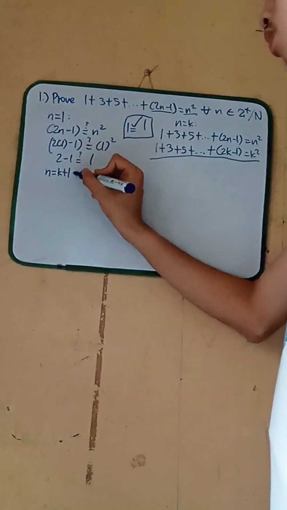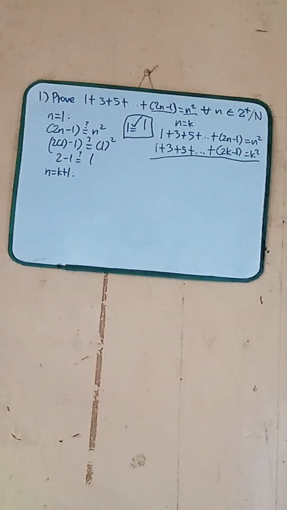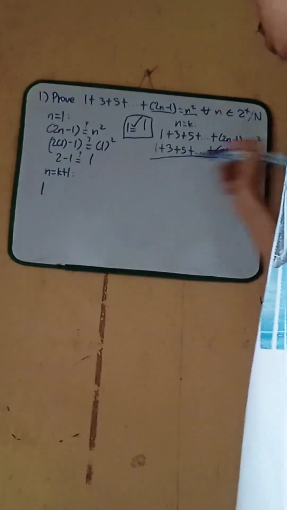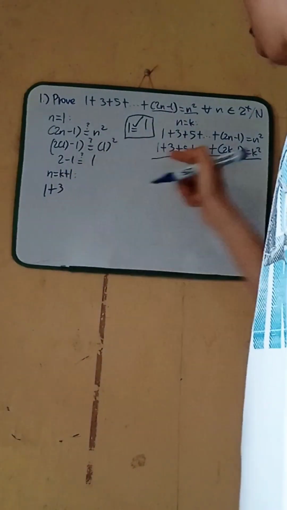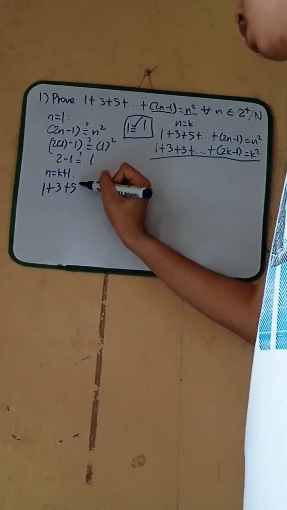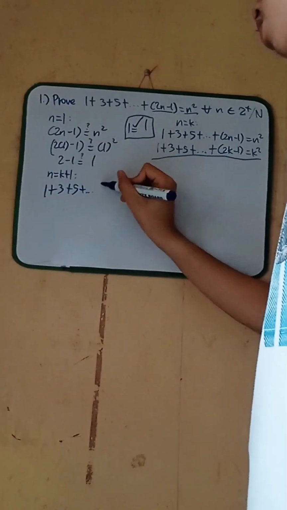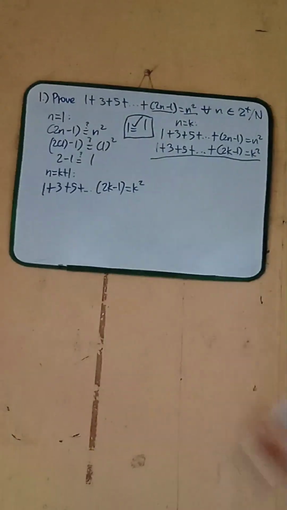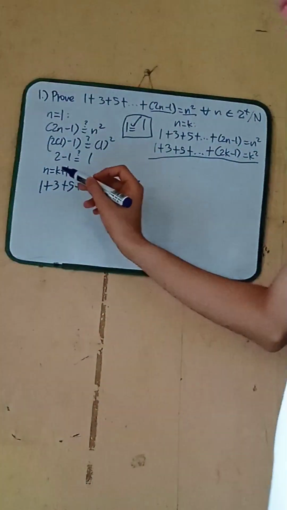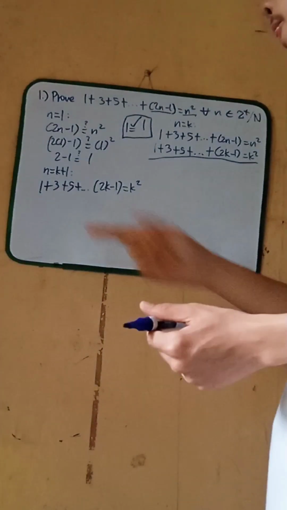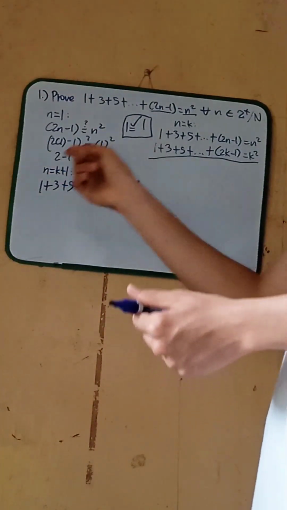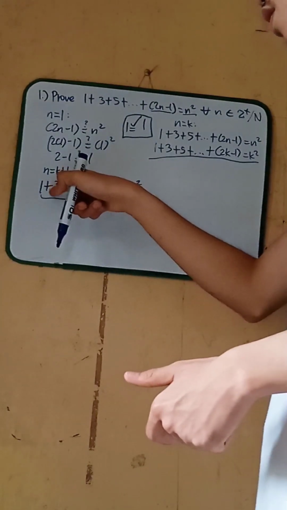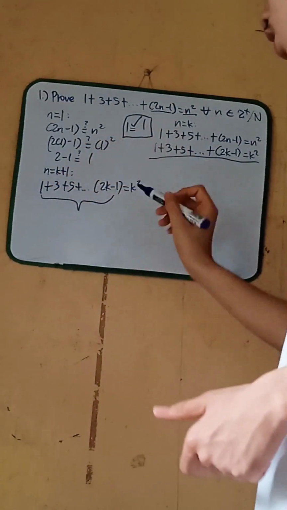We're going to prove n equals k plus 1 is true. Now, to do that, first let's rewrite this expression: 1 plus 3 plus 5 plus dot dot dot plus 2k minus 1 equals k squared. Before you substitute k by k plus 1, let's make the left side equal to this.